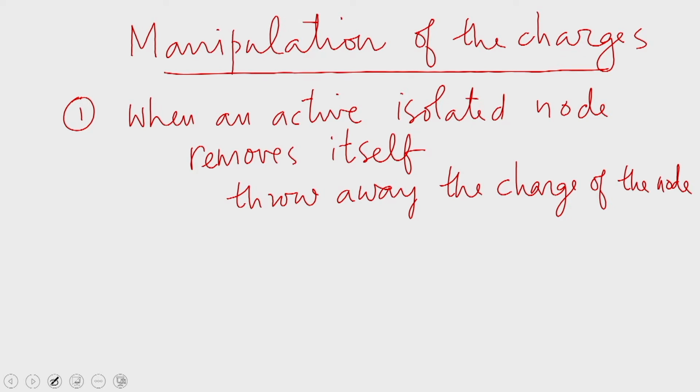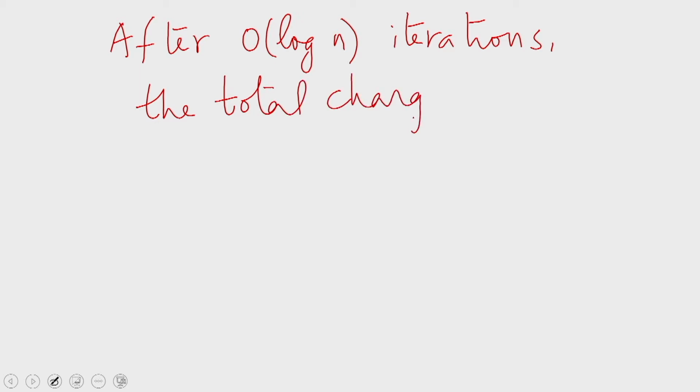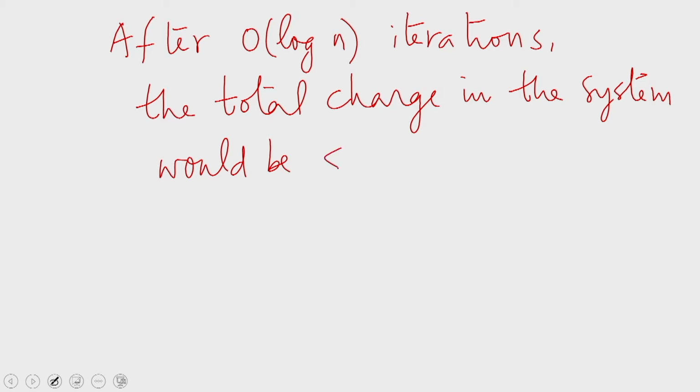Now, what we want to claim is that if we remove charges in this fashion, after order of log n iterations, the total charge in the system would be less than or equal to n by log n times 1 minus q power log n.